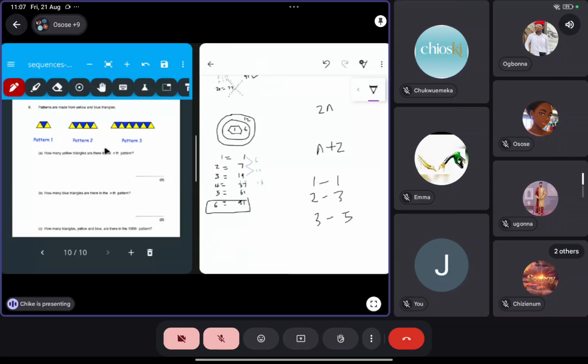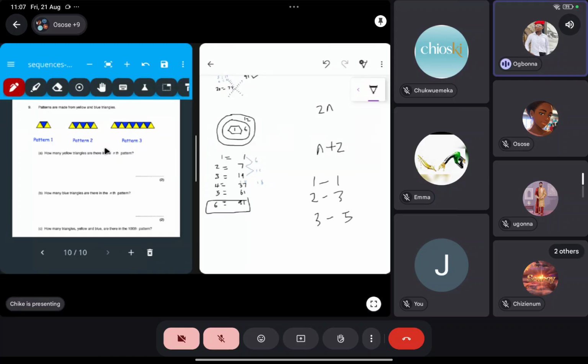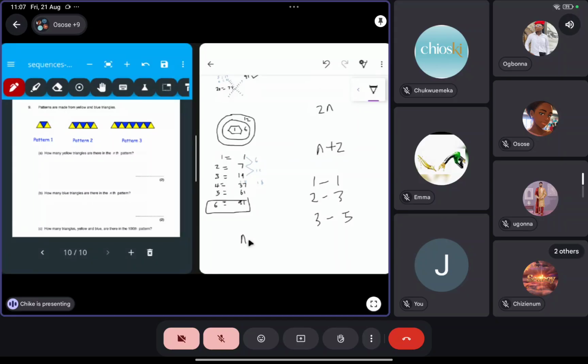Let's think. N minus 1 plus 2, we are complicating it too. N minus 1 plus 2 will still give you n plus 1. So does it work? No. Pattern 1 will give you 1. Pattern 2 will give you 3. Pattern 3 will give you 4. It doesn't work.